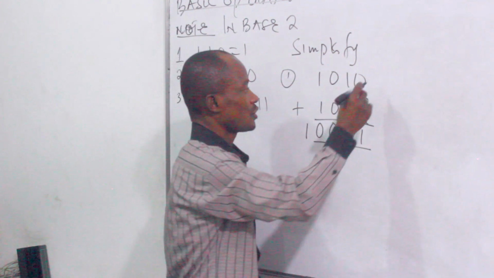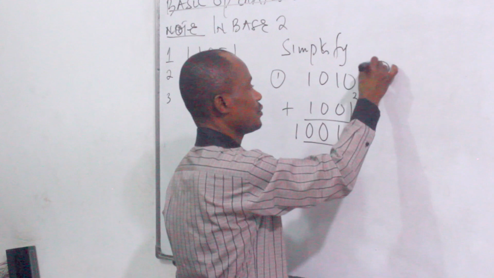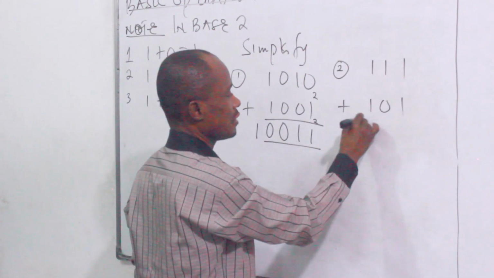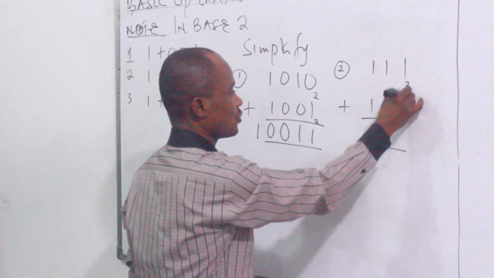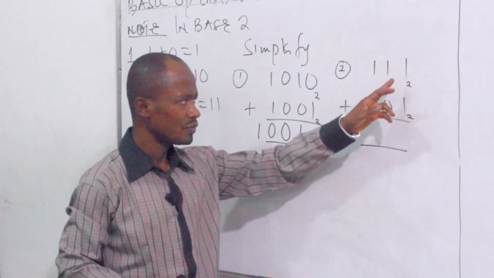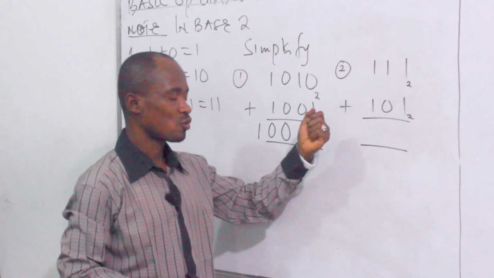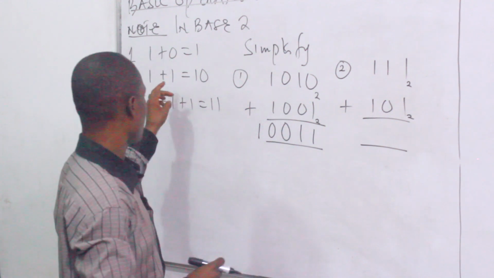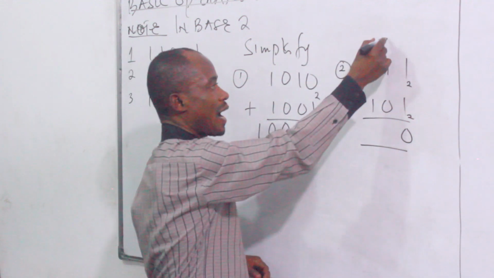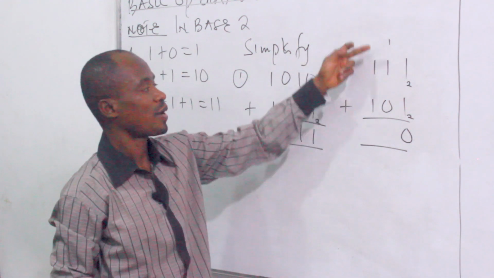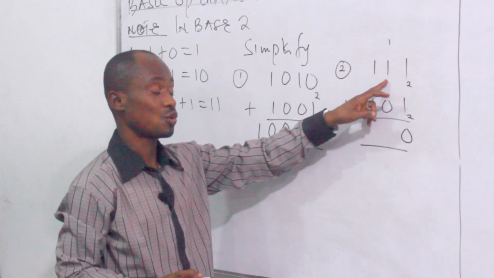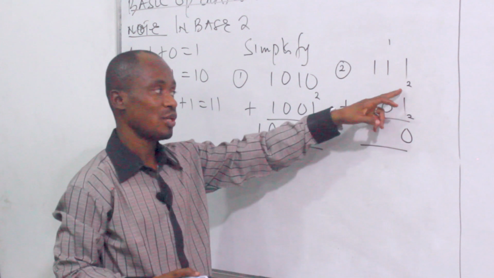Another example, example 2. Suppose this is 1, 1, 1 plus 1, 0, 1, all in base 2. Remember, the base is the smallest unit of counting numbers. This is 1 plus 1. 1 plus 1 is 1, 0. We already settled it. We write 0, carry 1. We have 1 carry, so 1 plus 1 plus 0. 1 plus 1 is 2 in base 10. How many 2 are there in 2?